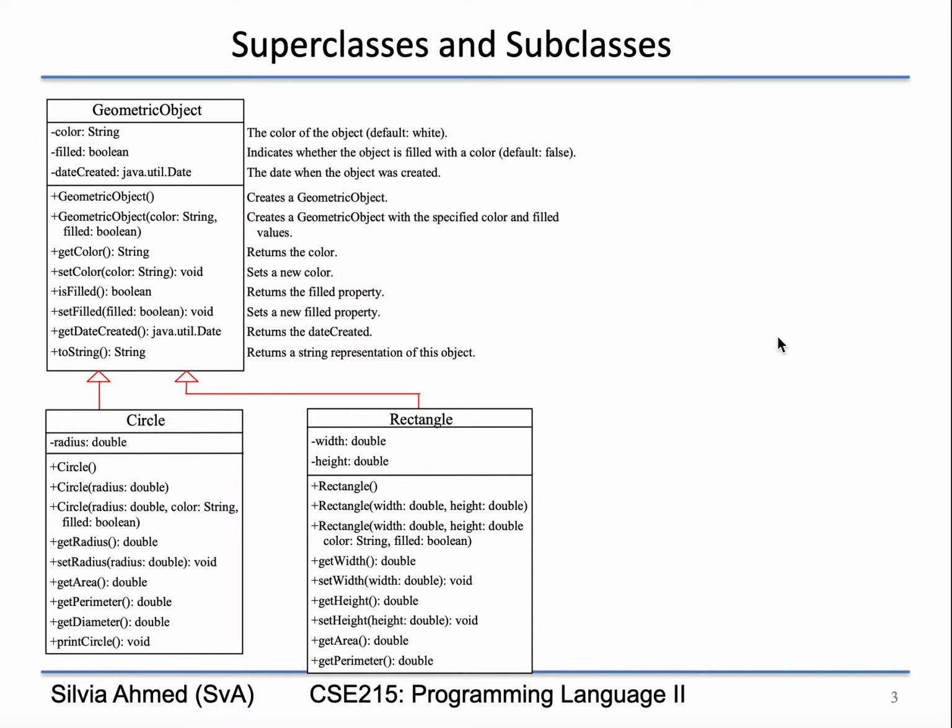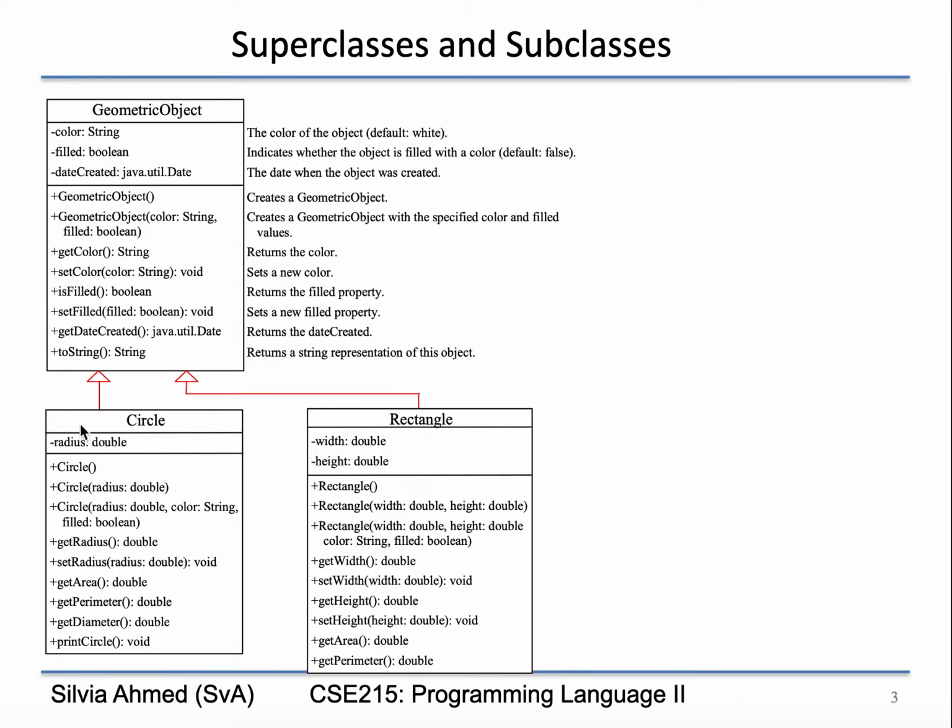We just designed our own geometric object class that has all the common coding, data fields, and methods. So this is the UML diagram of our geometric object, where we have the common data fields and the common methods. So we can now omit the common parts from our circle and rectangle.